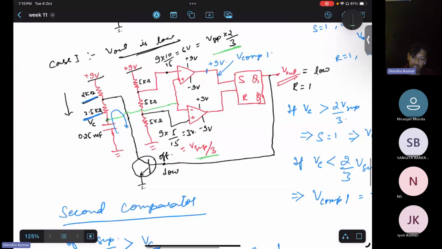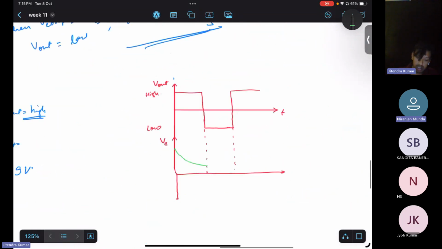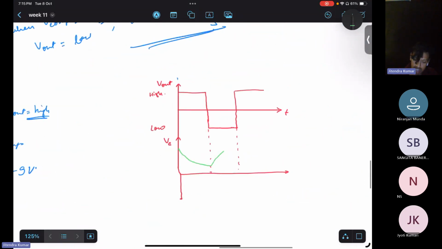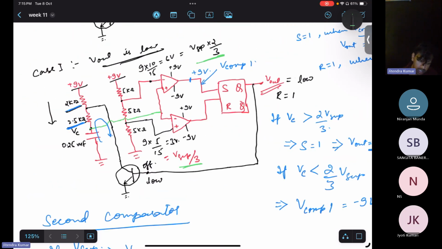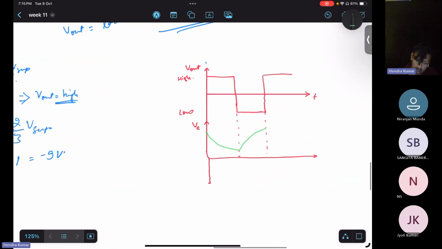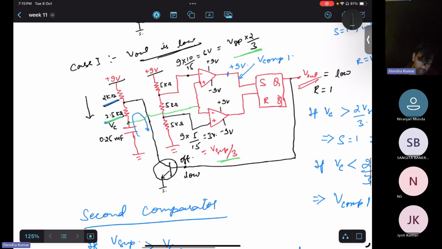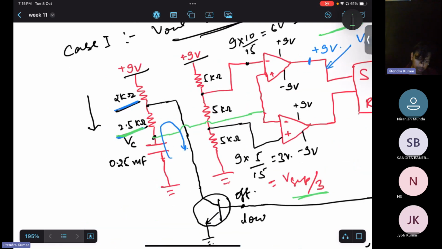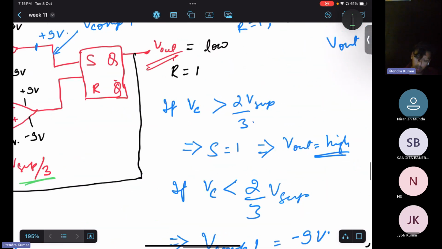When output is low, what will happen to VC? It will charge, exactly. Here it is discharging through only this 2.5 kilo ohm, and here it is charging with the resistance 2 plus 2.5 kilo ohm, both the resistances, so 4.5 kilo ohm.